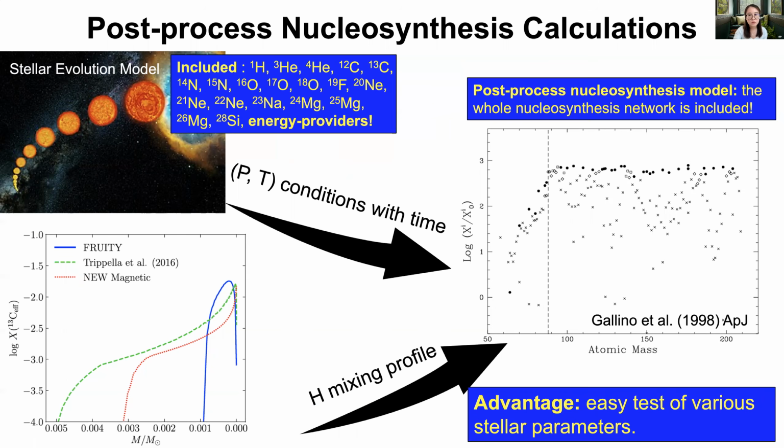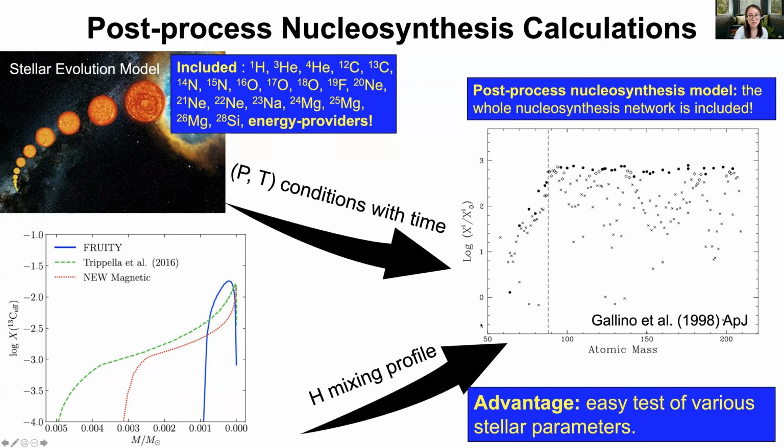However, since we're interested in the simulation results for much heavier elements, we can extract the obtained stellar parameters and simulate the carbon-13 profiles, and then run nucleosynthesis codes for the whole network in a post-process way. The validity of such an approach for the s-process was demonstrated by Gallino et al. more than 20 years ago, and it is widely used in the nucleosynthesis community, especially for more massive stars.